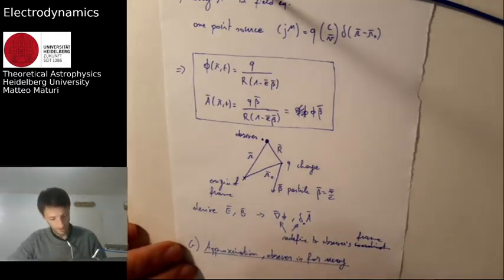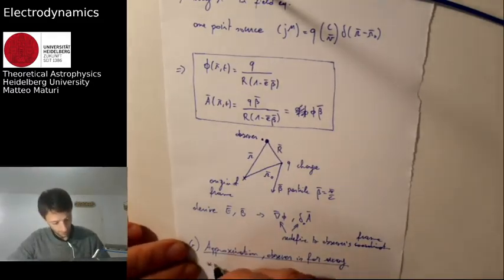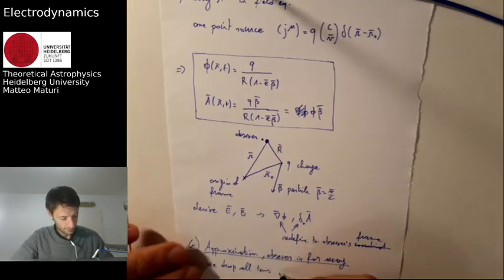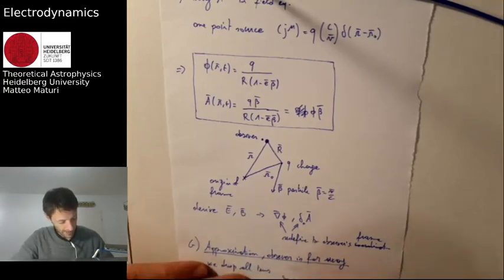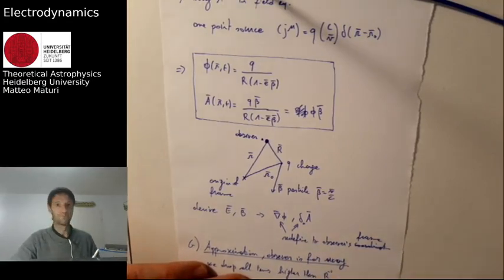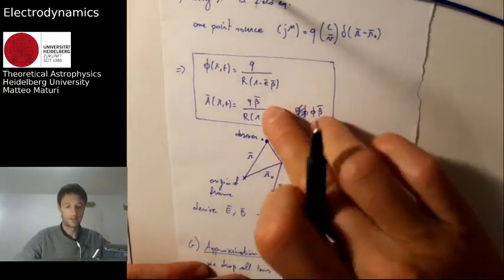Okay, and basically what we do, we drop all terms that have an order higher than r to the minus 1. Okay, which basically is this guy here.